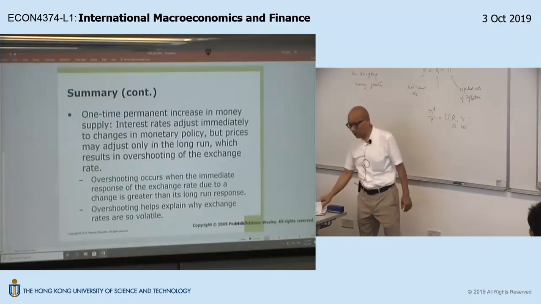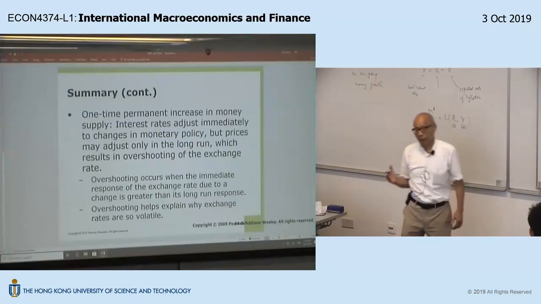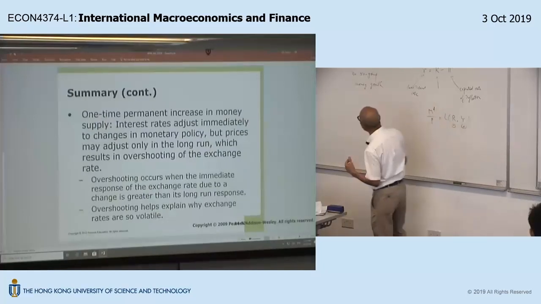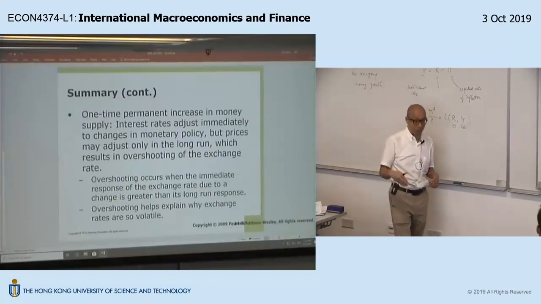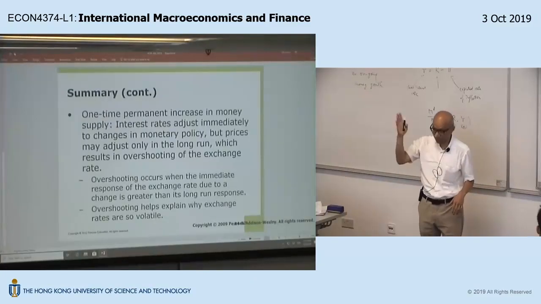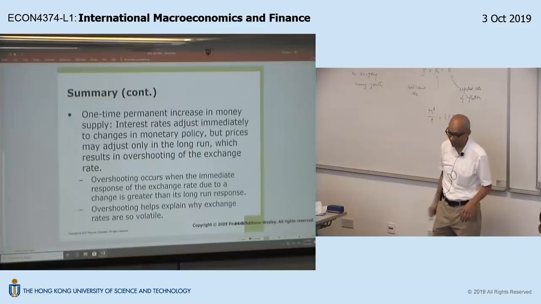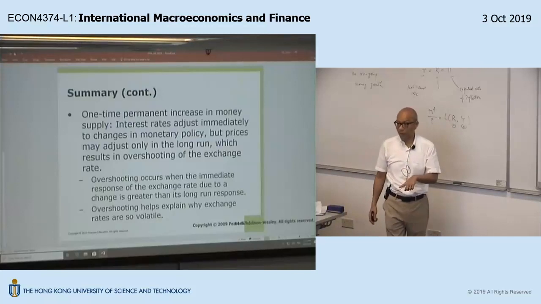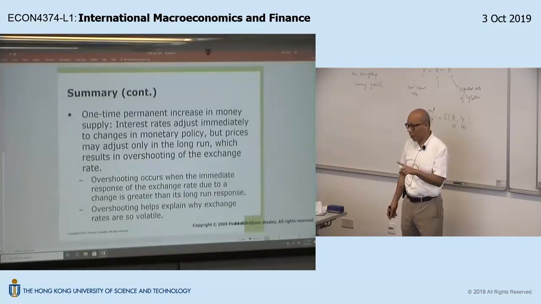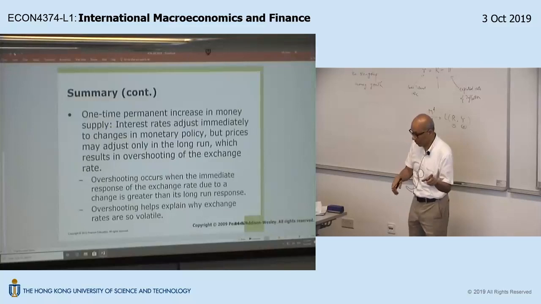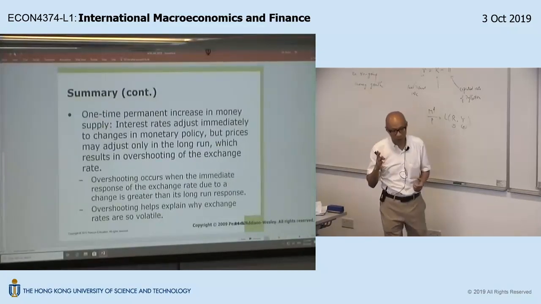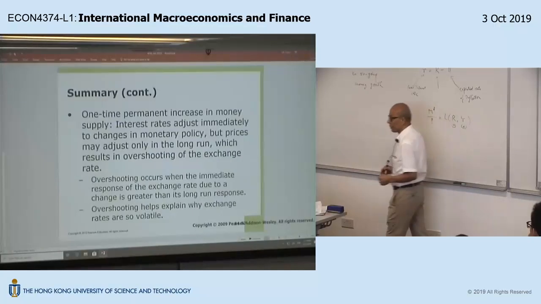So what it means is that you would expect the nominal interest rate to go back to the original level in the long run after a permanent one-time increase in money supply. That is related to your problem set 2, question number 1, which I may go back and talk about in a few minutes, because I feel that maybe you guys still need some more explanation.